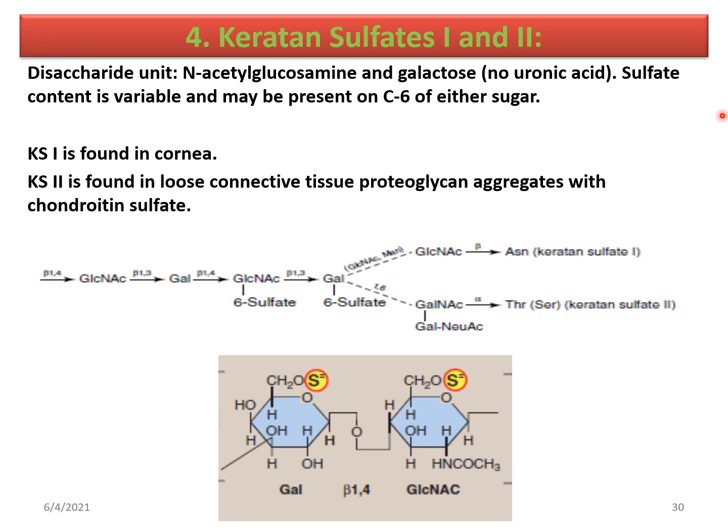The sulfate content in keratan sulfates 1 and 2 is variable, and it may be present on carbon number 6, whether on the monosaccharide galactose or on the N-acetyl glucosamine. Keratan sulfate 1 is present mainly in the cornea of the eye, while type 2 is found in loose connective tissue as a part of the proteoglycan aggregate in association with chondroitin sulfate.